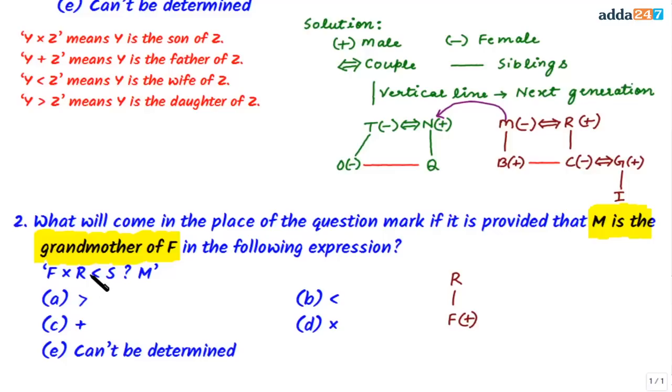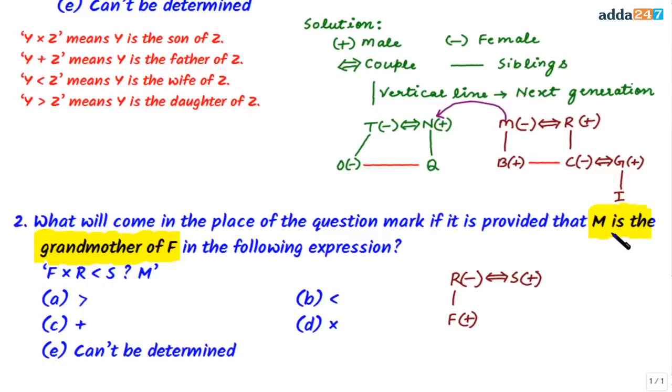R is less than S. From here it means R is the wife of S. So that means R is female. And wife means R and S form a couple, and S will definitely be male.